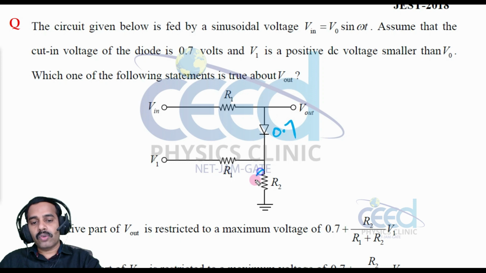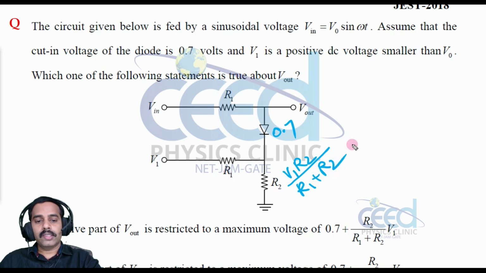What is the fraction of voltage across this resistance? We already know that if you have a split network and you apply a voltage here, the part of the voltage that is fed to R2 is V1 R2 divided by R1 plus R2. This is the part of voltage V1 that is spread across R2. To find it across R1, you may use V1 R1 divided by R1 plus R2.